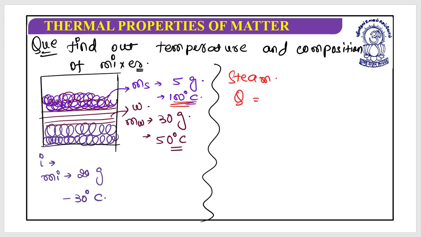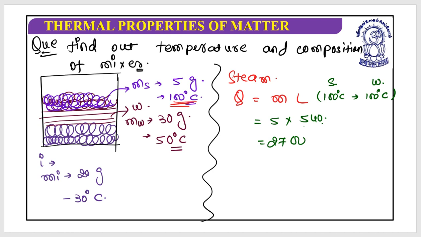So Q equals ml, which is 5 gram of steam multiplied by 540 calorie per gram. So it's 2500 plus 200, it's 2700 calorie of energy.